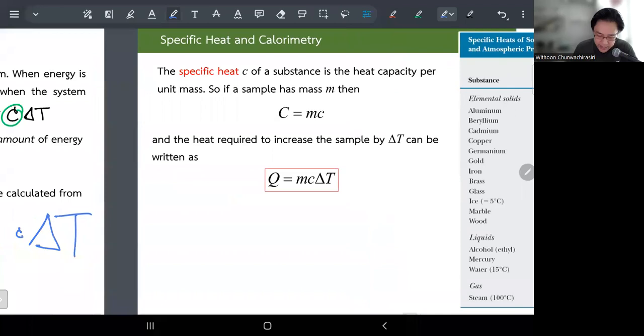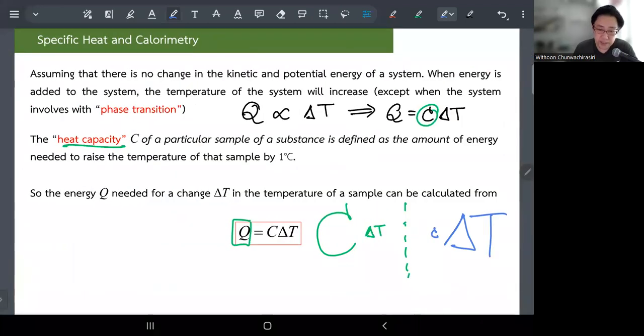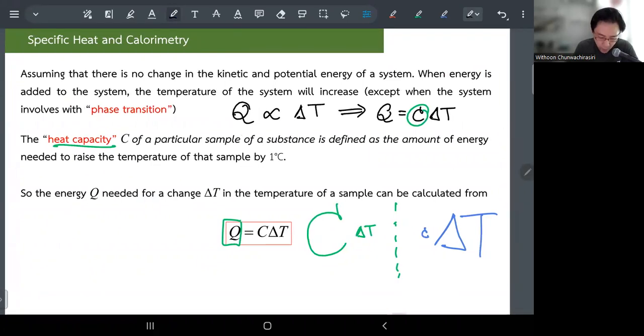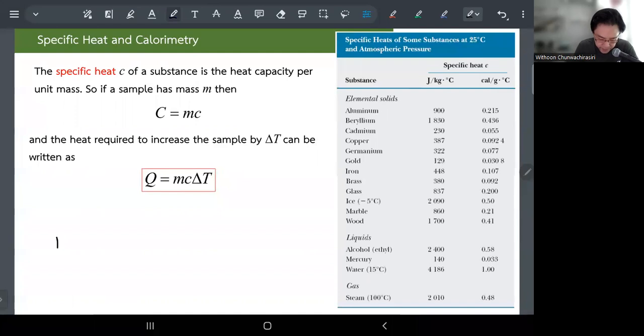Well, I kind of get it. It's the heat capacity of a substance. But the problem that's not very convenient to use is this. If you bring in a gram of water, you know that a gram of water will have some heat capacity here.